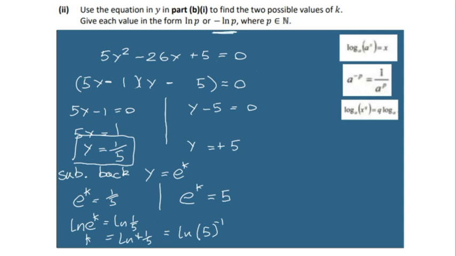So it's going to be equal to minus ln of p, which is minus ln of 5 in this case. So that's solution 1. And what about solution 2 over here? Well, we just do the ln of both sides, and we get k is equal to ln of 5. And there are 2 solutions.